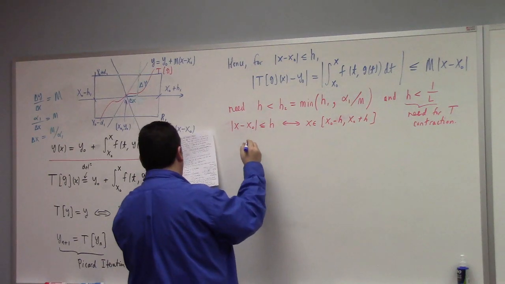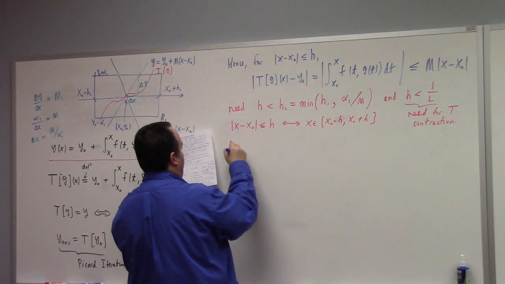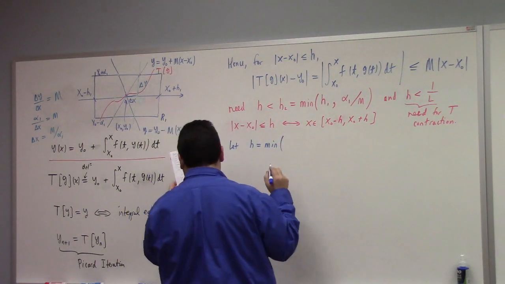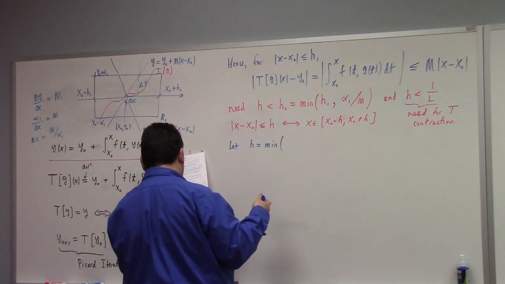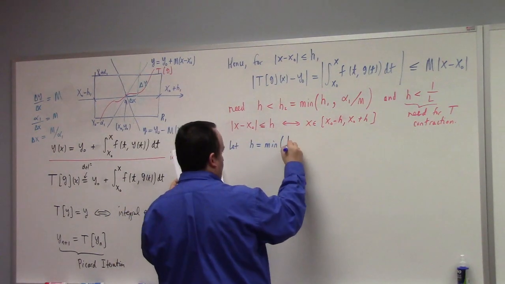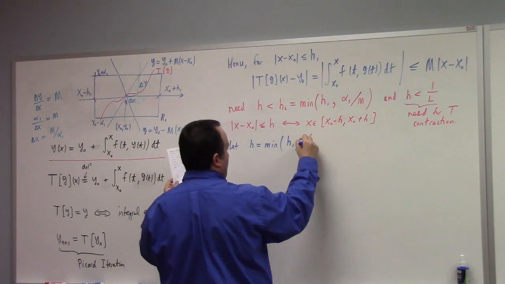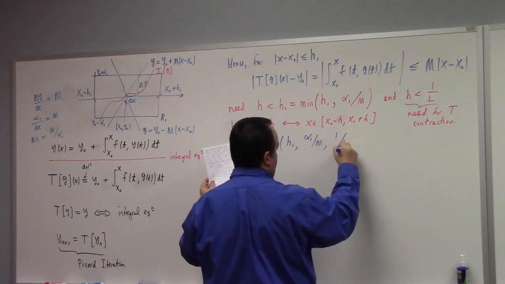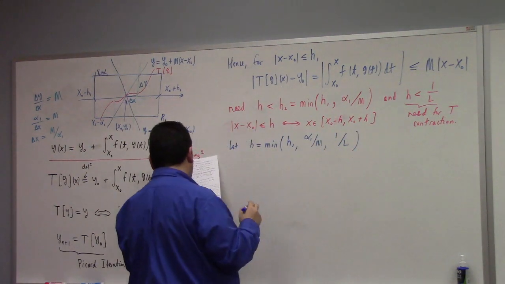So here we go. We're going to let H equal the minimum of H1, alpha 1 over M, and 1 over L. All right?